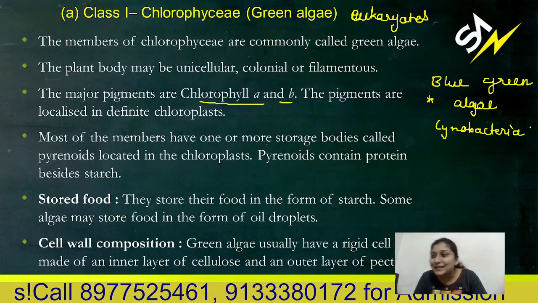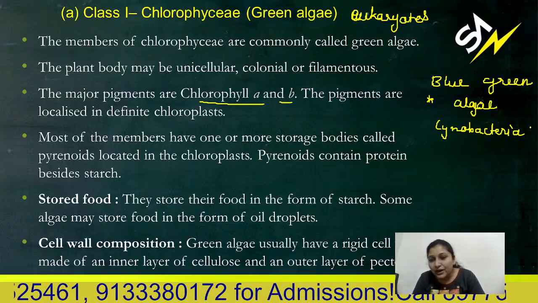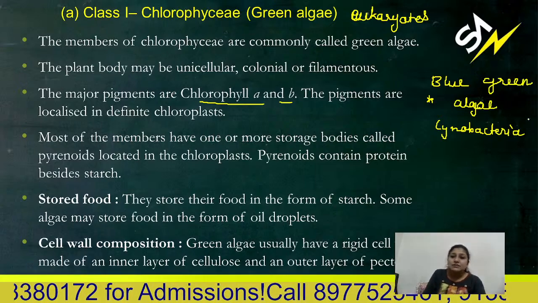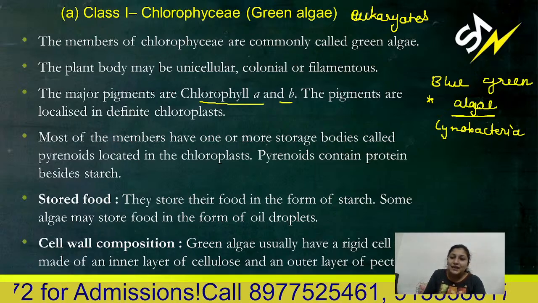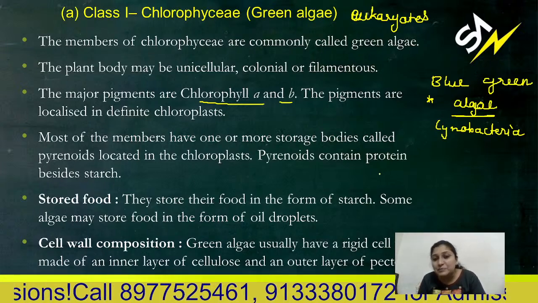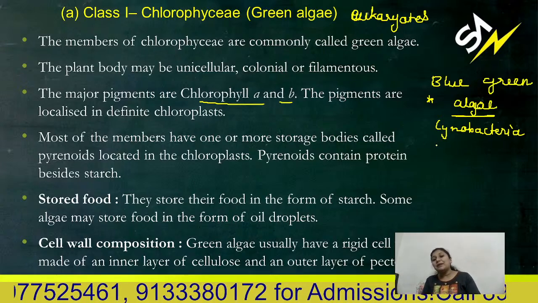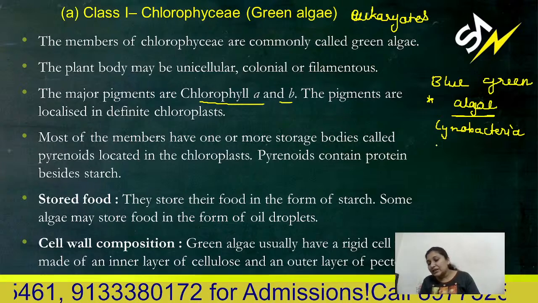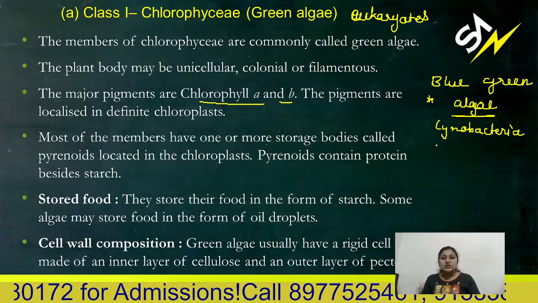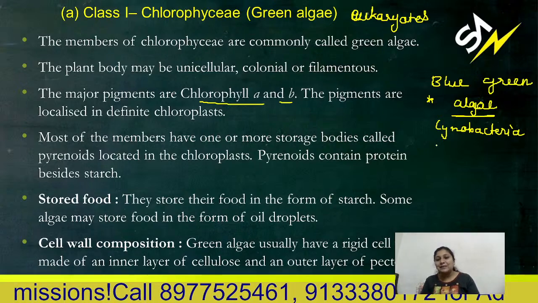They do not possess any membrane-bound organelles, and chloroplast is a double membrane-bound organelle. So there is no chloroplast present in blue-green algae. Sometimes people confuse because of the word algae, but actually these are cyanobacteria, and in this type of bacteria, pigments are present in lamellisomes, which are a mesosome type of thing, and pigments are involved in these bodies.